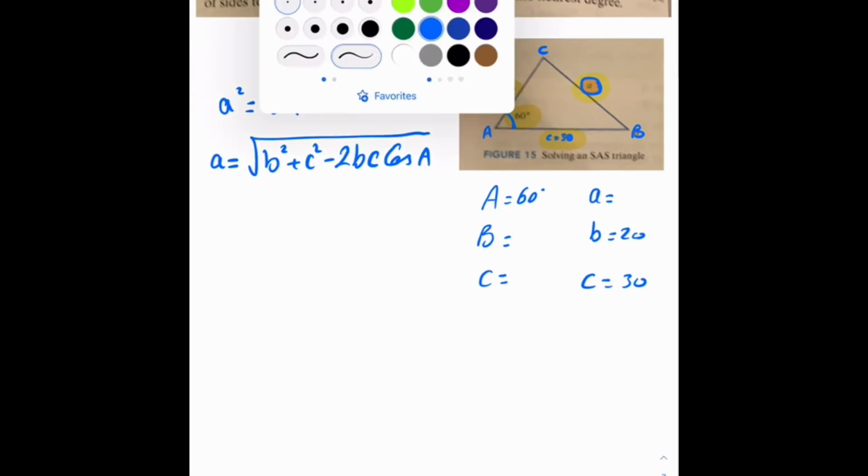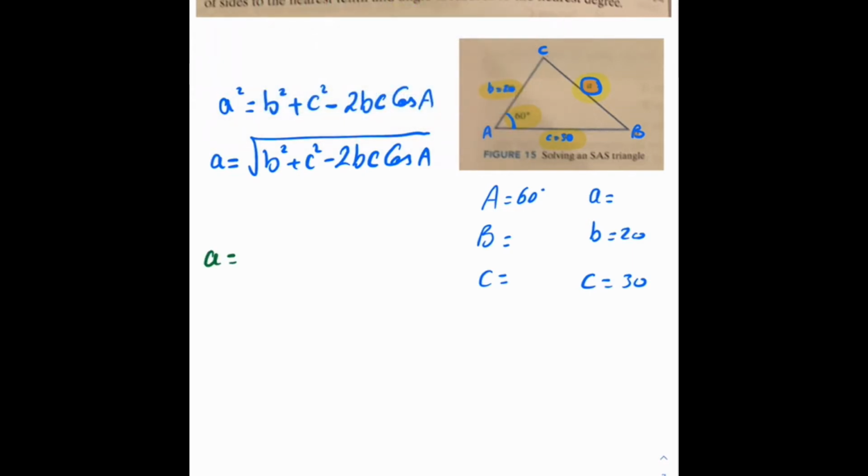So a is equal to the root of 20 squared plus 30 squared minus, I prefer that you open a bracket, 2 by 20 by 30 by cosine of the included angle, which is 60.